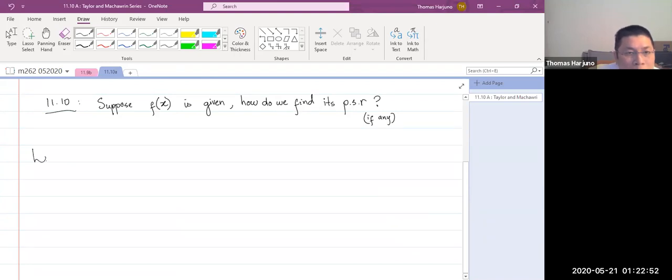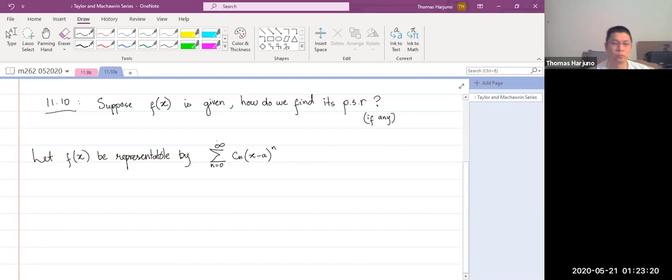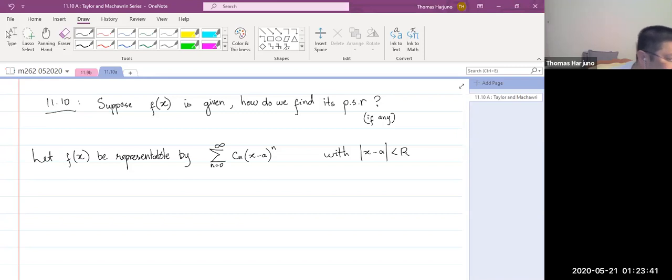Suppose f(x) is representable by this power series, the sum of c_n (x minus a)^n from n equals 0 to infinity, with the interval of convergence, x minus a, being R. So we start from a function that we assume to be representable.